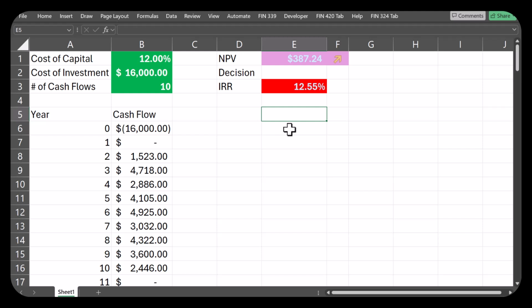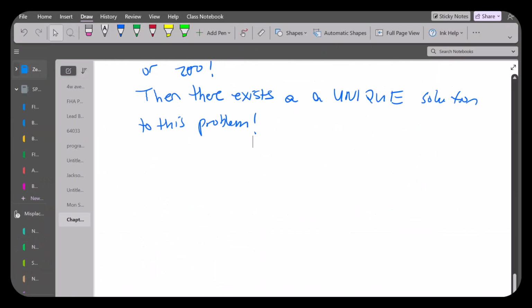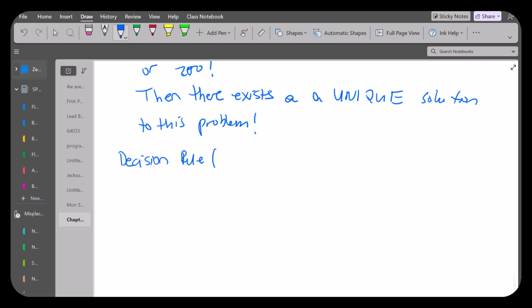And we also need a decision rule for standalone projects.